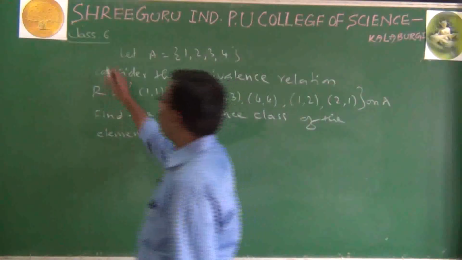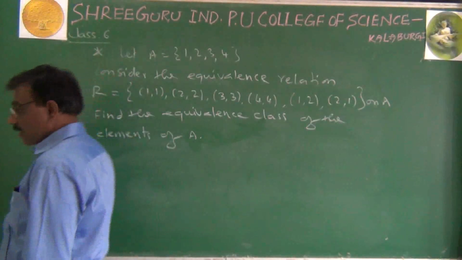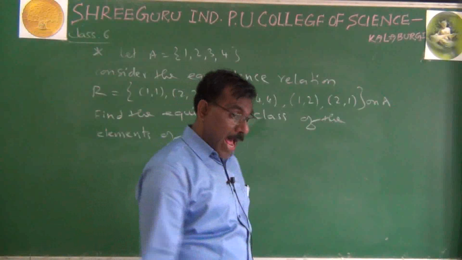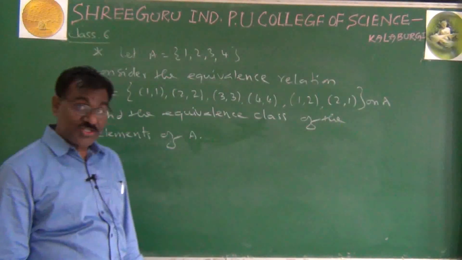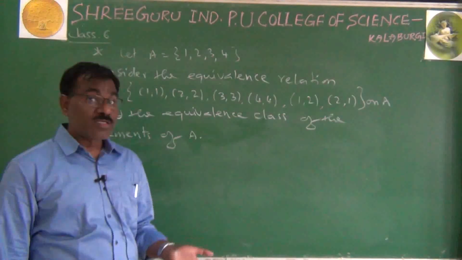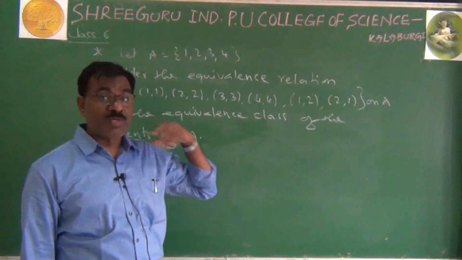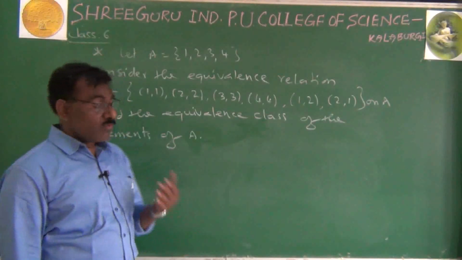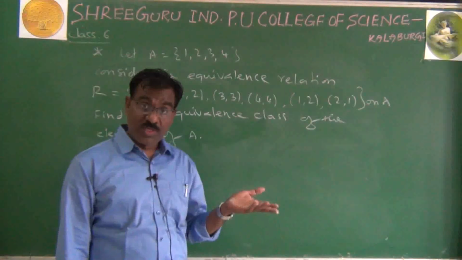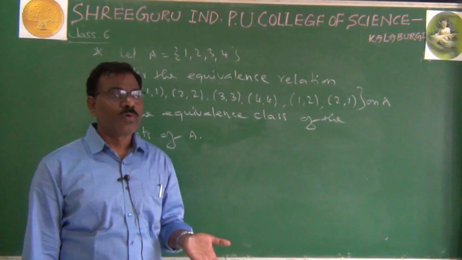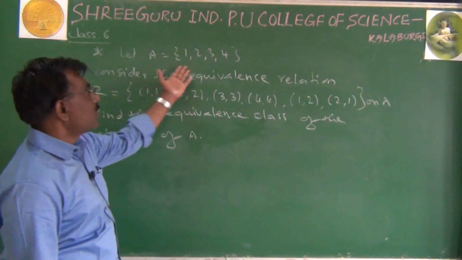So what is the problem? It is given set A and given equivalence relation on A, but he is asking to find the equivalence class of all the 4 elements. Sometimes find the equivalence class of 1, of 2, of 3, of 4. He is asking all the 4 elements. What is the equivalence class of 1, 2, 3?